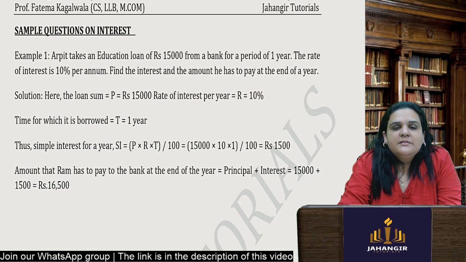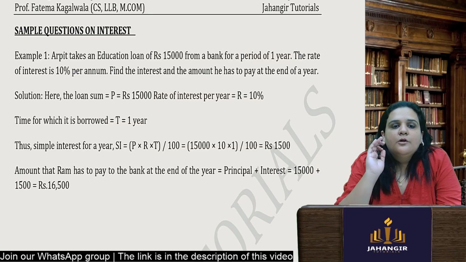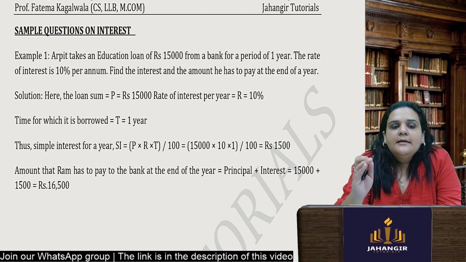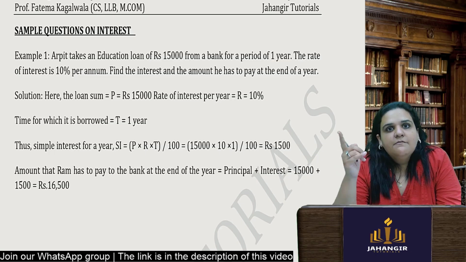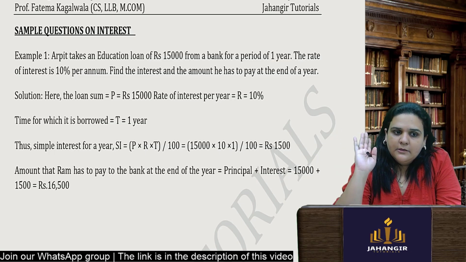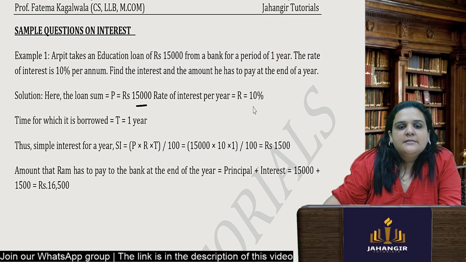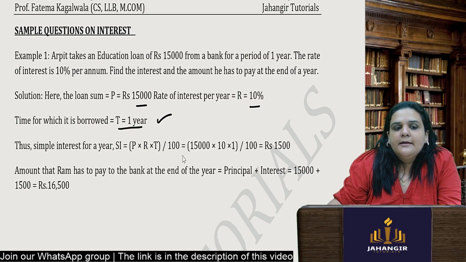Now let's do some sample questions on interest. Arpit takes an education loan of 15,000 from the bank and the loan period is 1 year. Rate of interest is 10%. Find the interest and the amount he will have to pay back at the end of the year. So we have the principal 15,000, rate of interest 10%, year is 1 year. So simple interest formula, P into R into T, divide by 100.